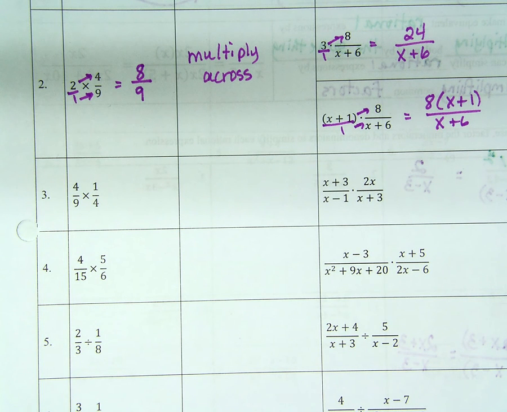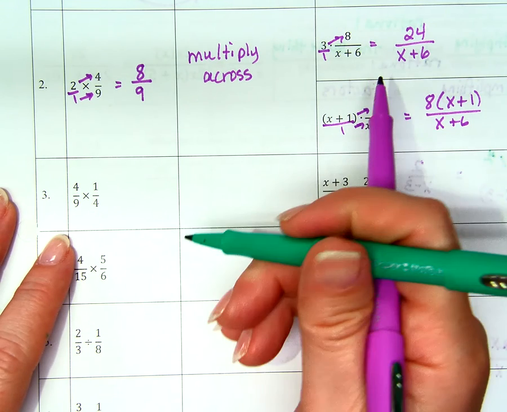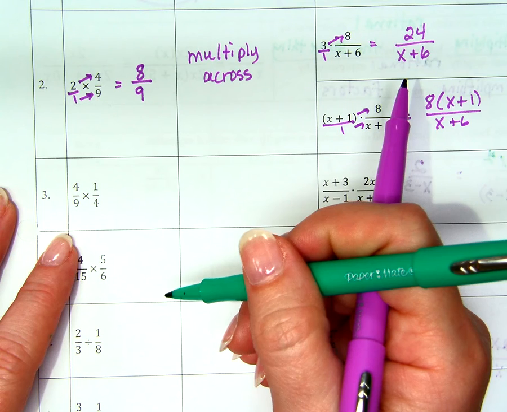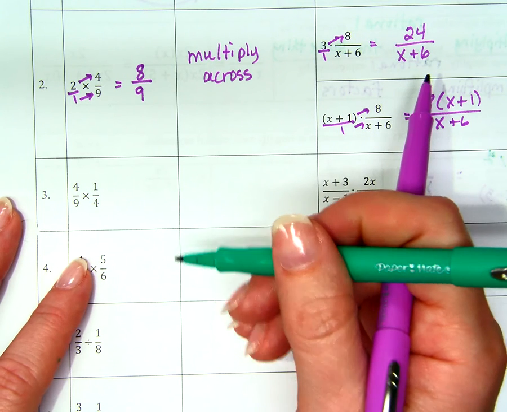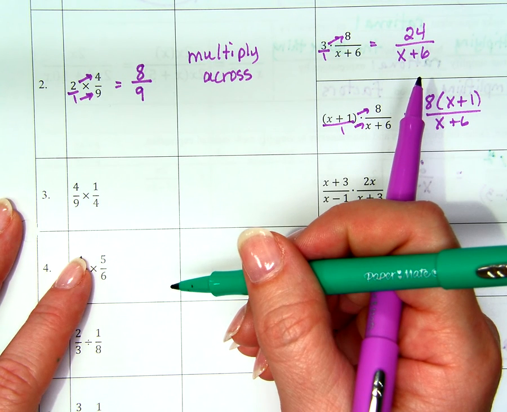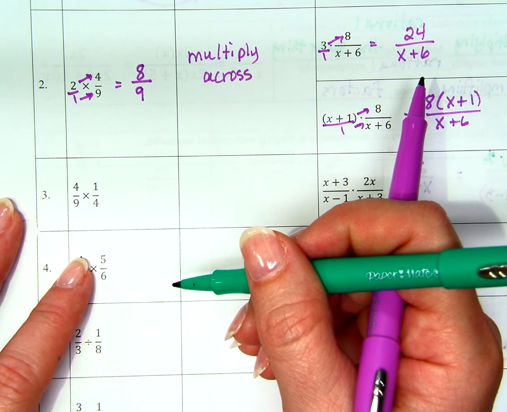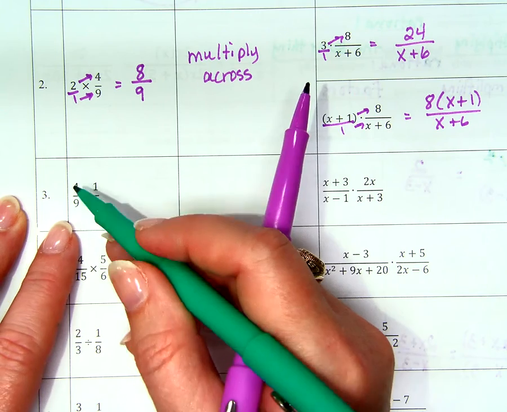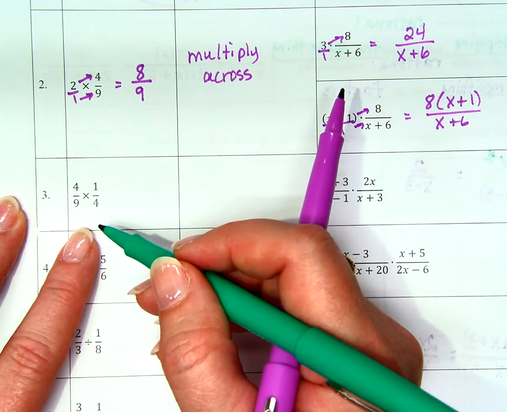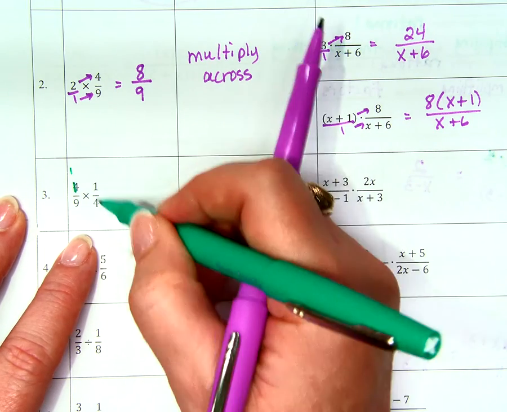But if we simplify first, doesn't it make it easier? Okay, but what do you want to simplify here? Is there the same factor in the numerator and in the denominator? A 4. Is it okay that one's in one fraction and one's in the other? Yes. So this is a 1 and this is a 1.